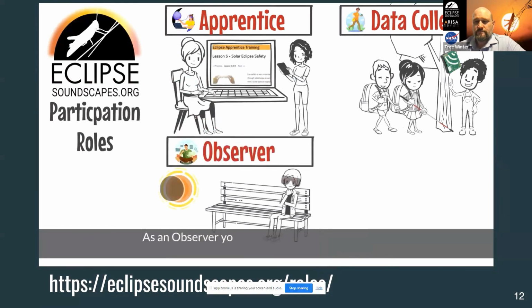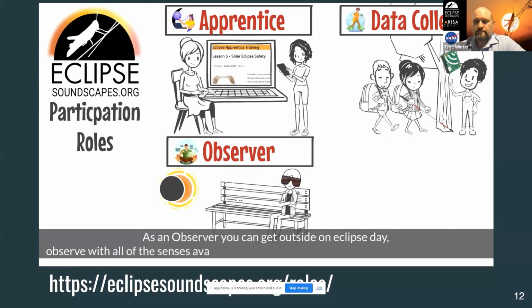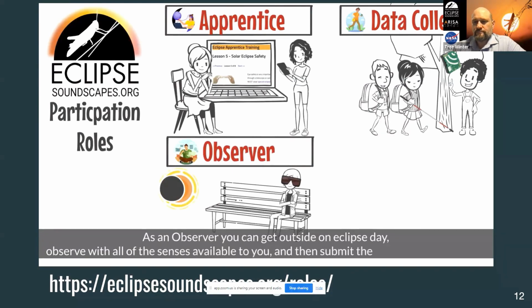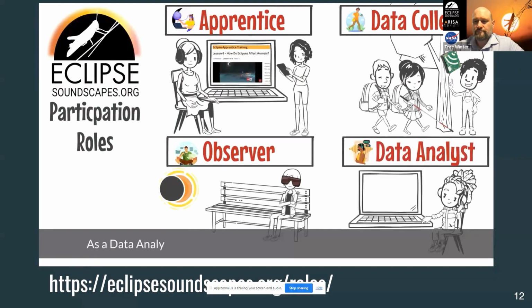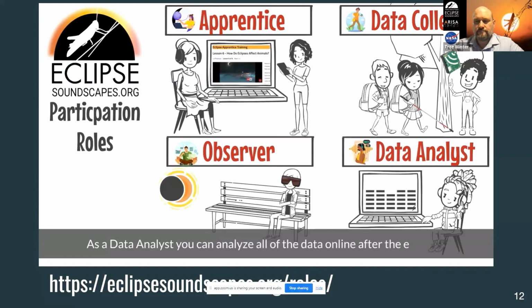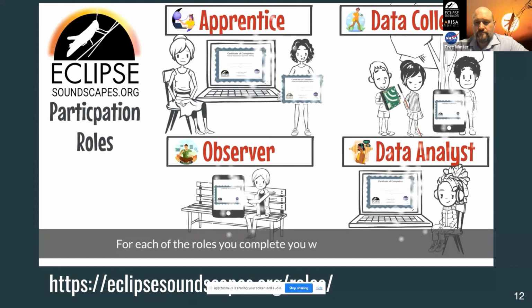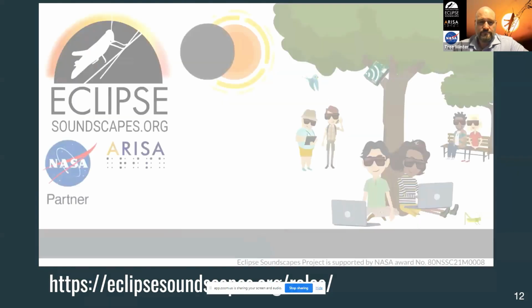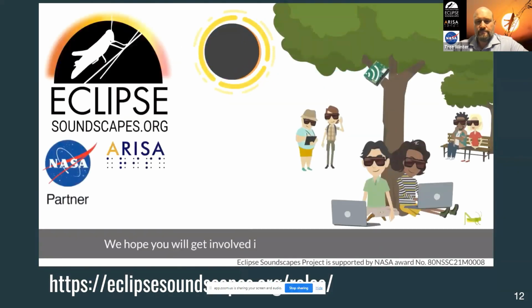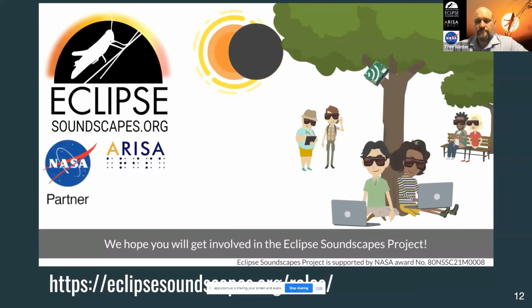As an observer, you can get outside on eclipse day, observe with all the senses available to you, and then submit these observations online. As a data analyst, you can analyze all of the data online after the eclipses. For each of the roles you complete, you will earn a certificate. We hope you will get involved in the Eclipse Soundscapes project.